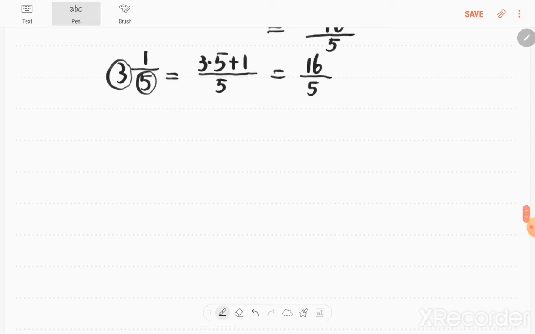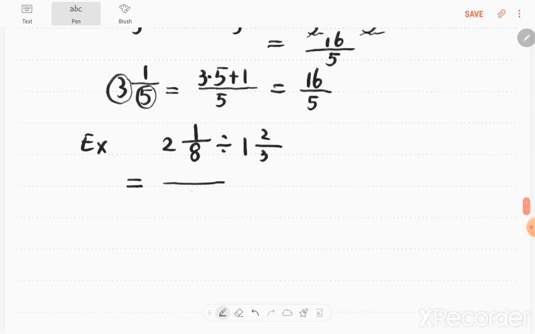So let's check an example. This time we want to do the division with mixed number. So first step, we need to change the mixed number to a fraction.